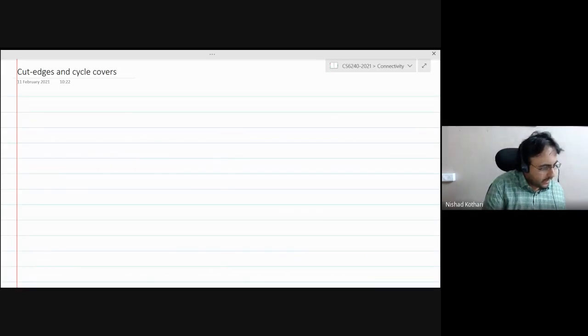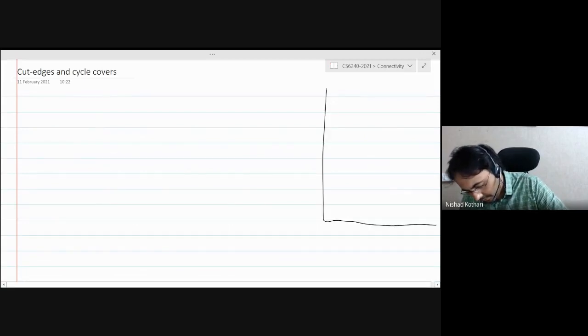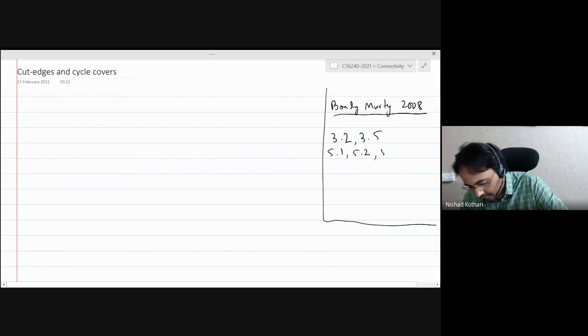So in the textbook, Bondy Murty, 2008, there is a whole chapter on connectivity, but I'm going to cover parts of that chapter as well as parts of previous chapters in this module. Just to give you a reference, in this module we are going to be covering the following sections from Bondy Murty: 3.2 and 3.5, 5.1, 5.2, 5.3, and 9.1 up to 9.4.